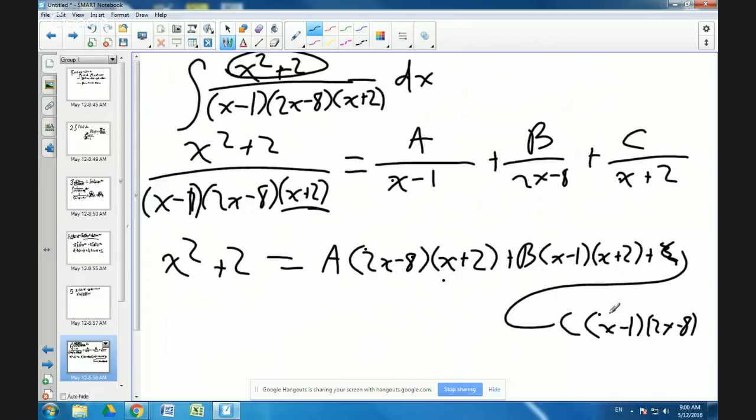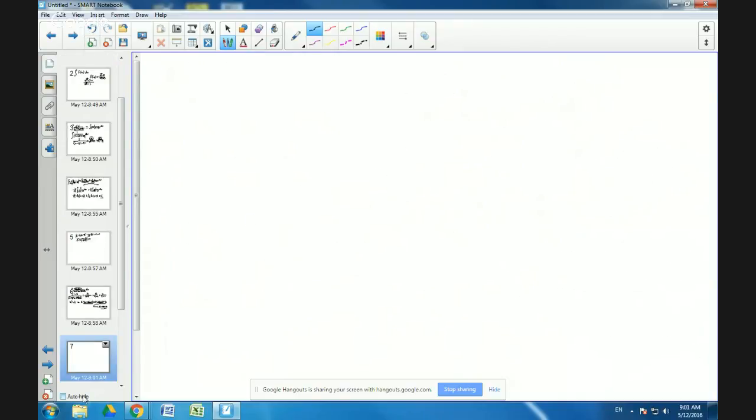Now at this point, you may be tempted to combine these sections here, here, and here. Don't. Just leave them separated like that. It's going to make it easier when we plug in values for x to solve for a, b, and c. So I'm going to rewrite that.